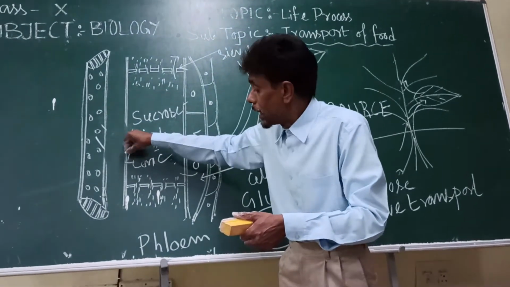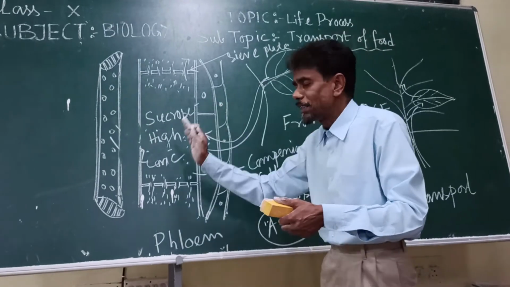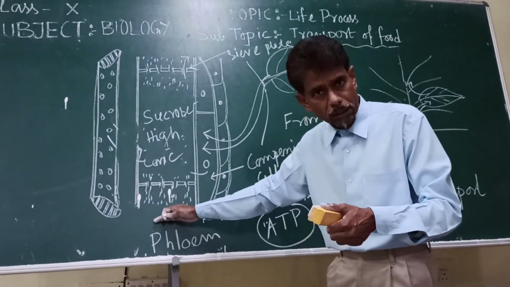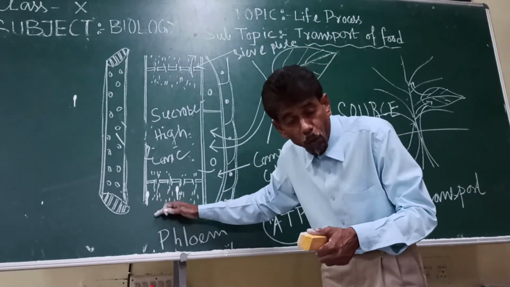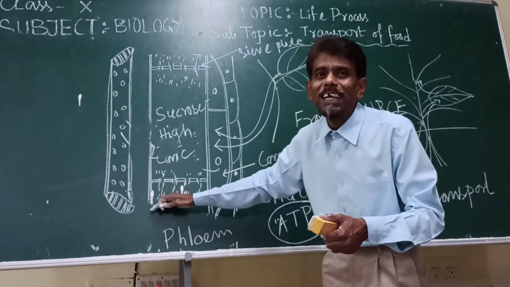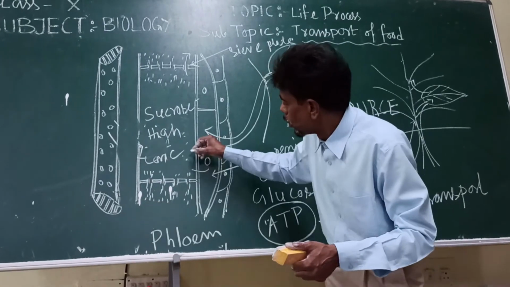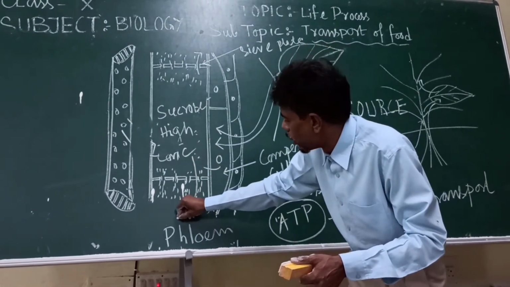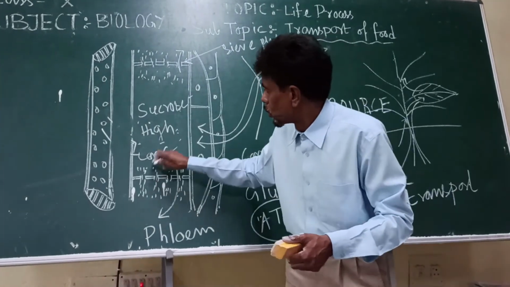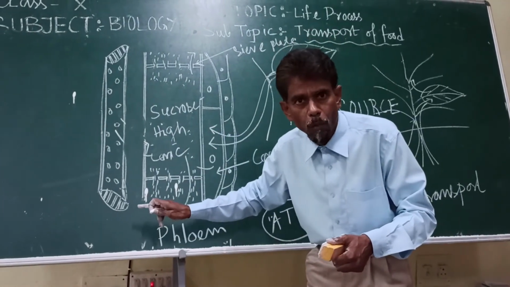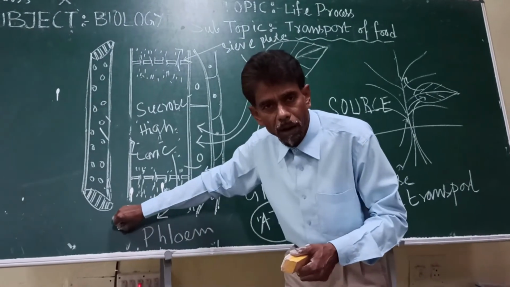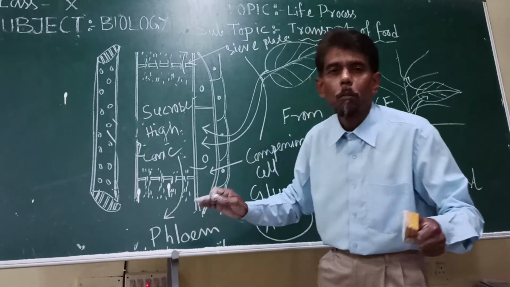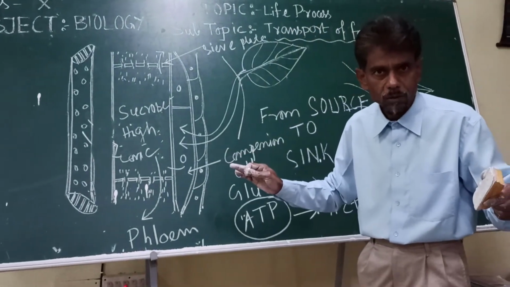Now the adjacent part of the sieve tube where there is no such storage of sucrose, the pressure is less over there. So from here, the sucrose in soluble form moves to that part. Is it very clear? In bulk, that is called the bulk flow hypothesis.